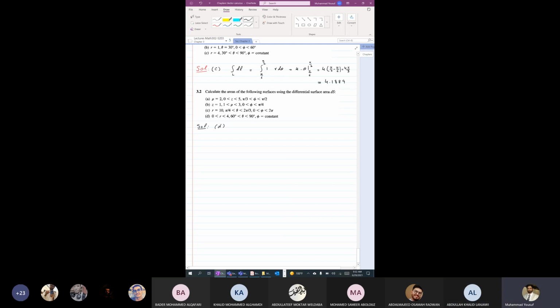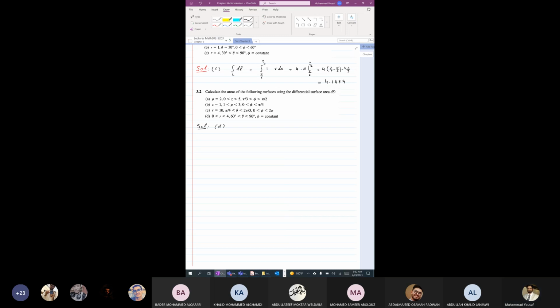So here for part D, you need to look at which is constant. R is changing, theta is changing, so phi is a constant. And when we look at this in cylindrical coordinates, when phi is constant, it means d phi is 0.